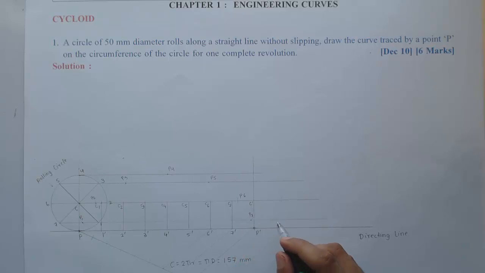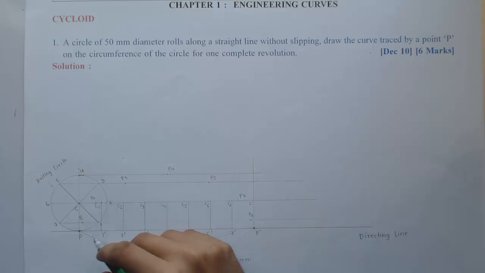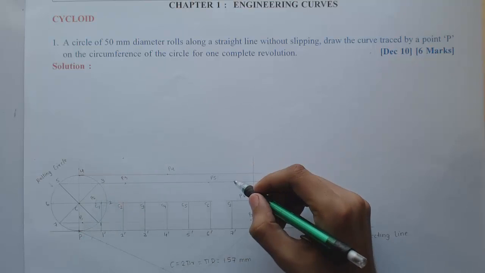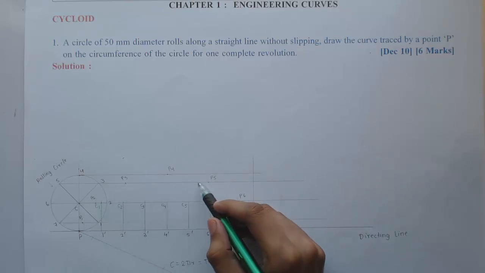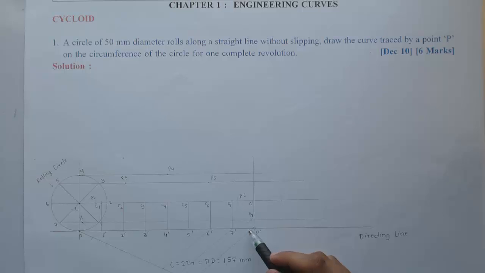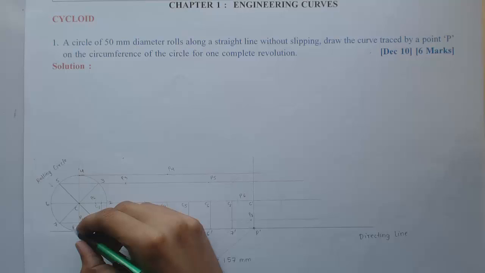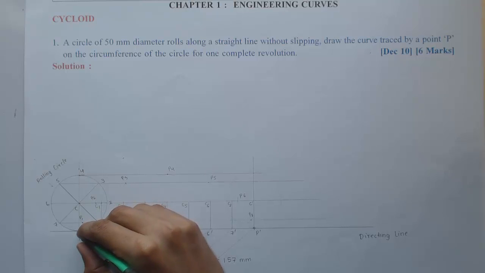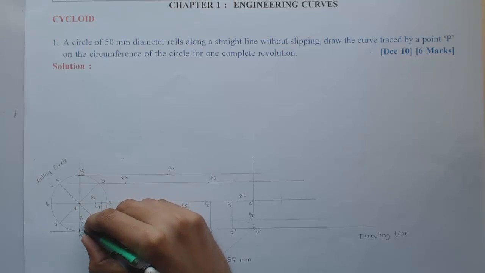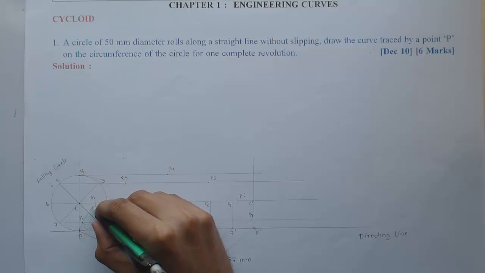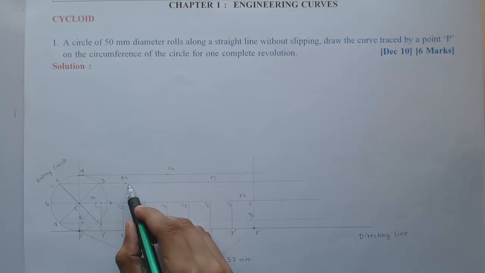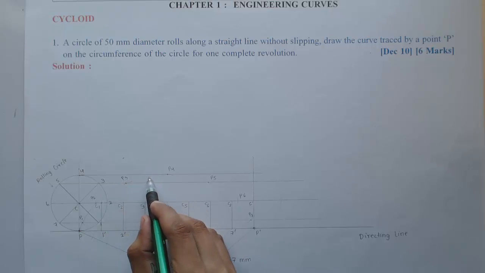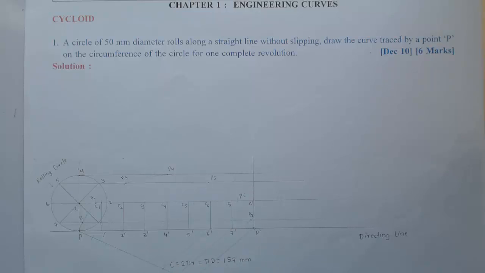So now we have marked P, P1, P2, P3, P4, P5, P6, P7 up to P dash. Now after joining all these points by a smooth curve, we'll get the cycloid for point P. So for this, if your freehand drawing is good, you can initially join by smooth lines, or if your freehand drawing is not good, you can use a French curve.